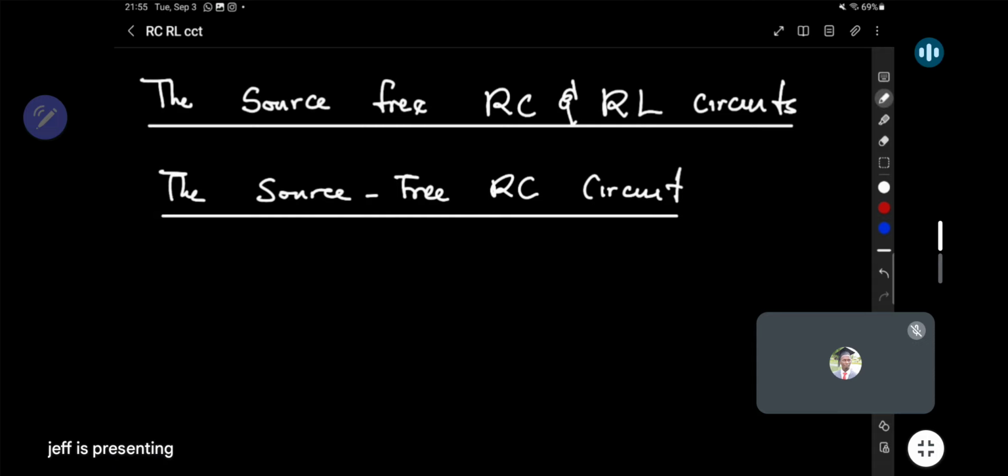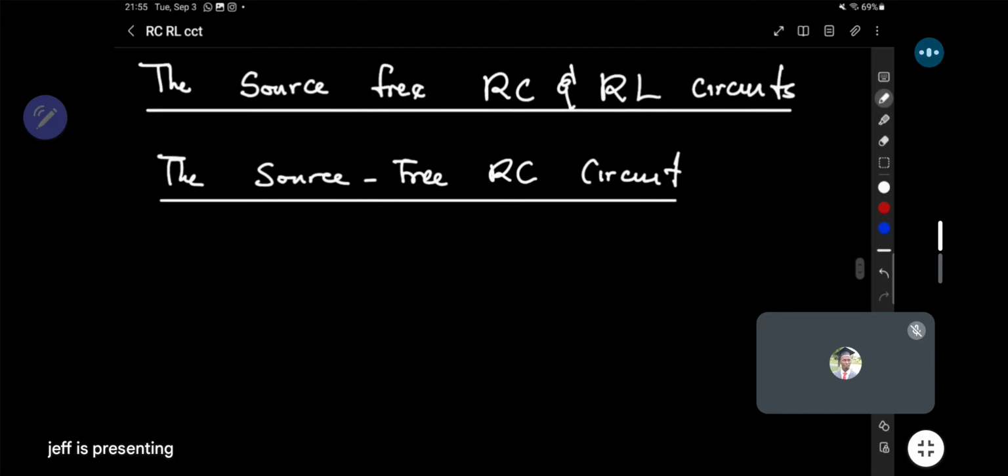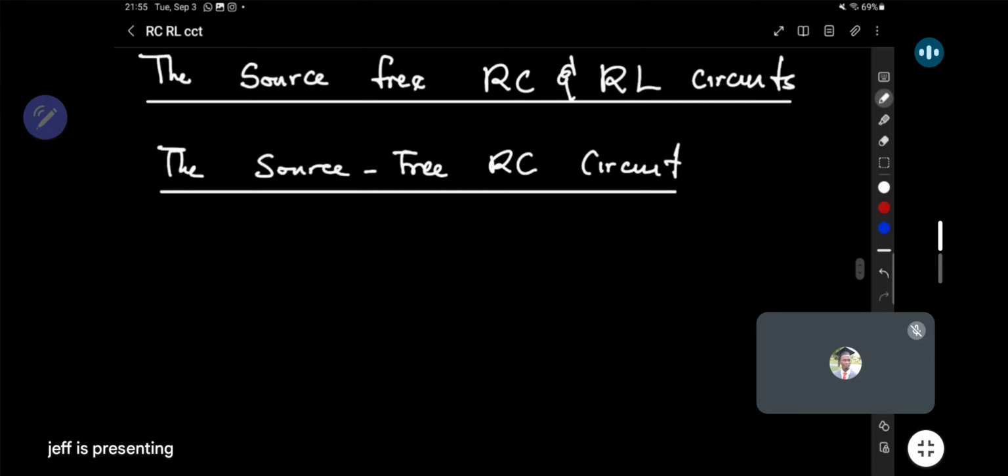The circuit remains without the source, and the only thing activating our circuit is going to be a capacitor. So that becomes a resistor-capacitor circuit without any other power source.